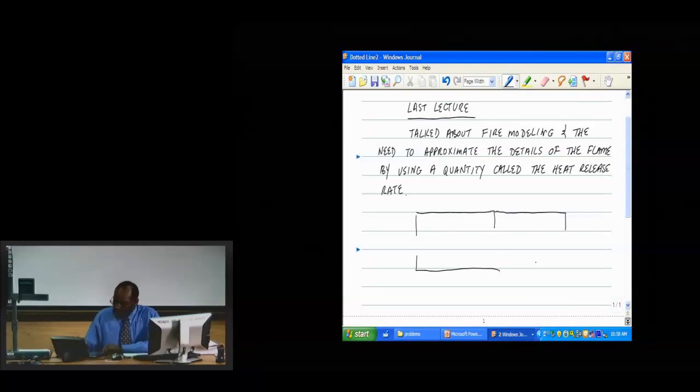So there's some fuel packet that's burning within some compartment. The real questions are whether or not people are going to be able to get out of this overall structure as this filling process occurs.